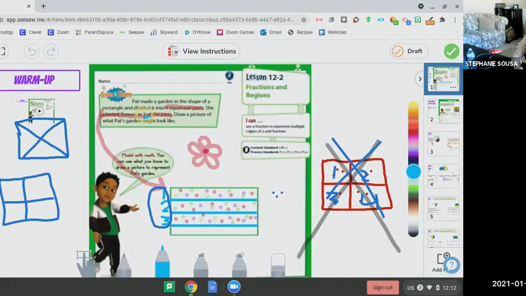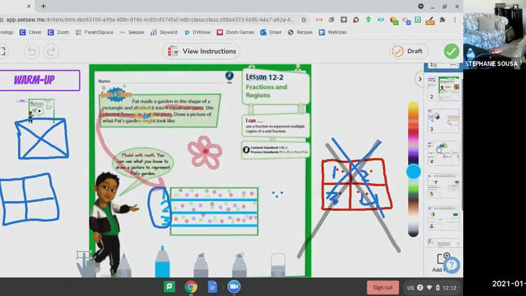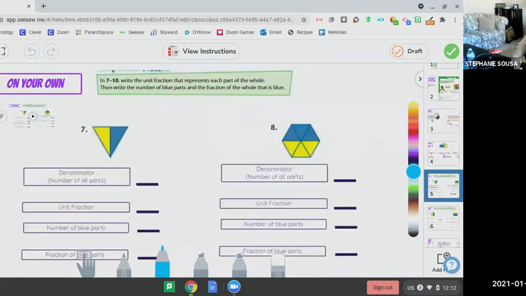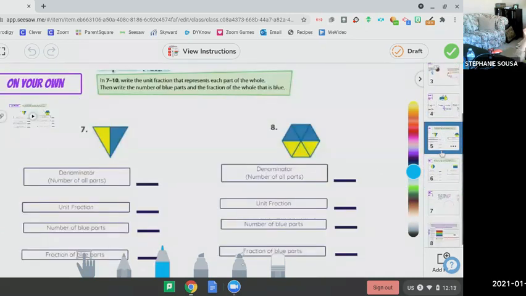Okay, we're not going to redo the parts that we did together because we already did them together. We're going to take a look at your independent slides. Your independent slides began on slide 5. Please open up to slide 5 of yesterday's work. Okay, yesterday's work.